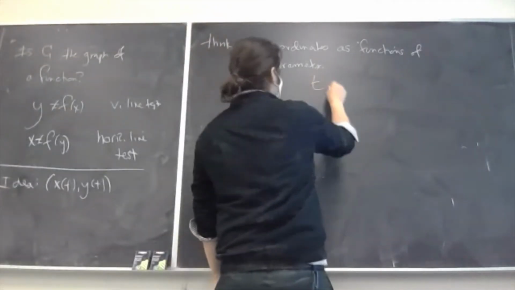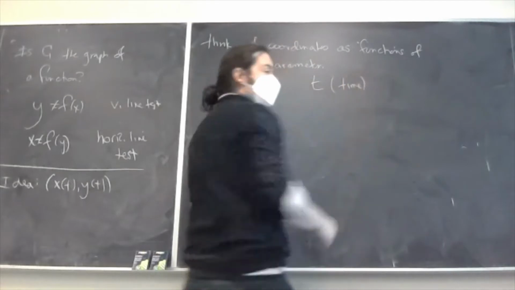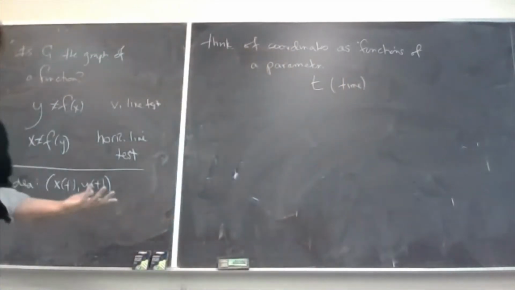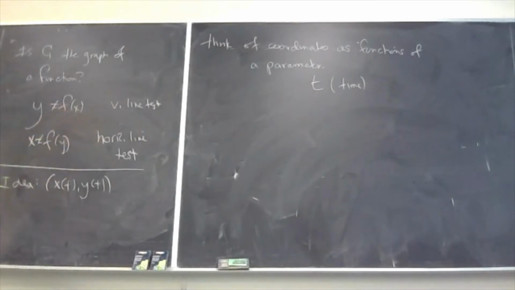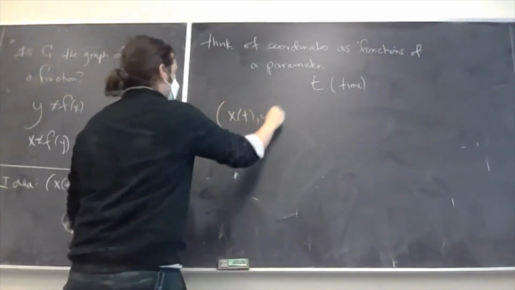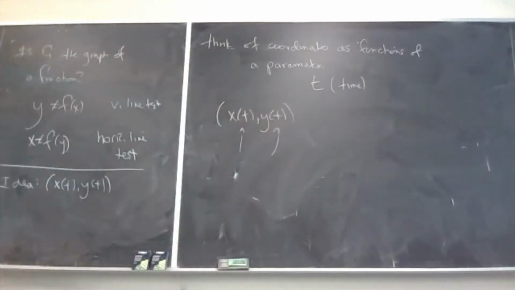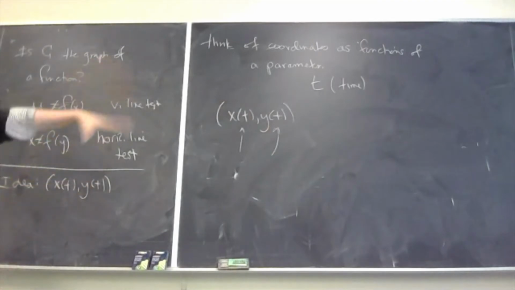So oftentimes we say t for the parameter, and most people, unless they're told otherwise, think about the parameter as time, at least in the beginning. So that means that we're looking at x of t, y of t, where now these are the functions. The coordinates change as time changes. We're encoding the fact that there's motion going on in this setup.